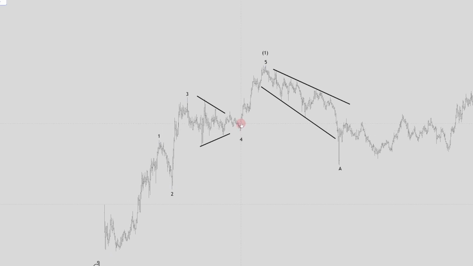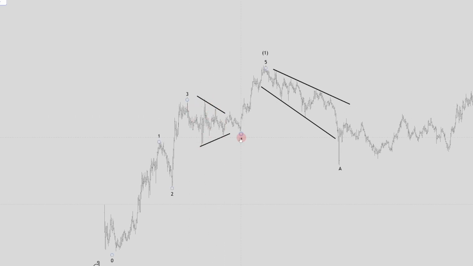From this low, we clearly count 1, 2, 3, 4, 5. Okay, 5 is smaller than 3. So 3 is not the smallest. It's actually the longest. Now, the thing here is, this is a 9-wave triangle. Yes, it's very rare, but it happens.